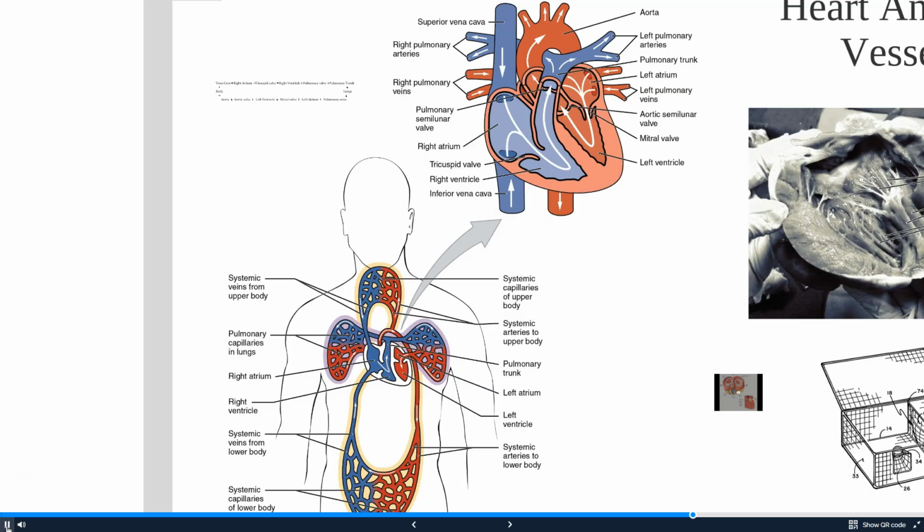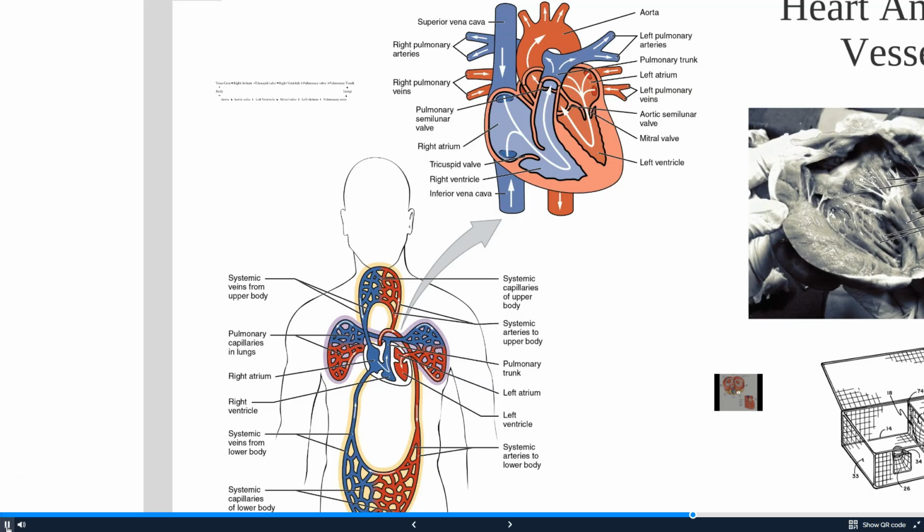Now, the colors again are about the state of the blood, but you'll often see red and blue associated with arteries and veins, but that's actually a misconception based on anatomical models. Red means oxygenated, which is usually seen in arteries, and blue means deoxygenated, which is usually seen in veins.